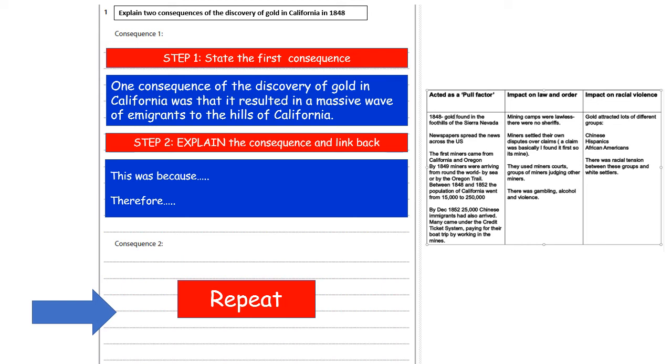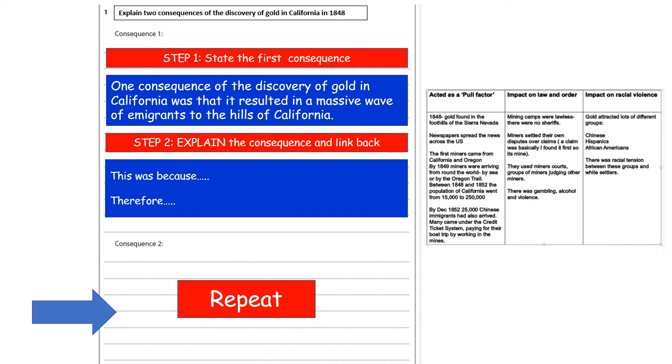So what I need you to do now is, you've already got the heading, explain 2 consequences of the discovery of gold in California. I want you to complete consequence 1. You can use my writing frame, my connectives, and obviously you've got a little grid on the right hand side that will help you with that. And specifically for the first consequence, you need to look at the column acted as a pull factor. And then for the second consequence, you need to come up with a clear statement of what the consequence is and then support with your own knowledge.